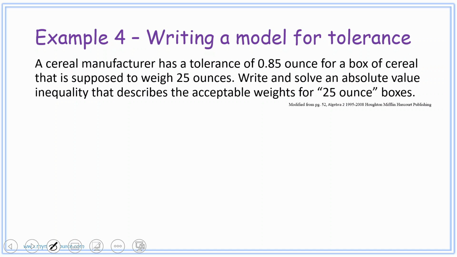It can go slightly above and slightly below, but it cannot go past 0.85 ounces and it cannot go below 0.85 ounces. If you picture that as just a raw figure, then that means you do not want to go past positive 0.85 or below negative 0.85. And you can see all your values are in here. And just by seeing that visual, you know that you're dealing with an and statement in terms of inequality.